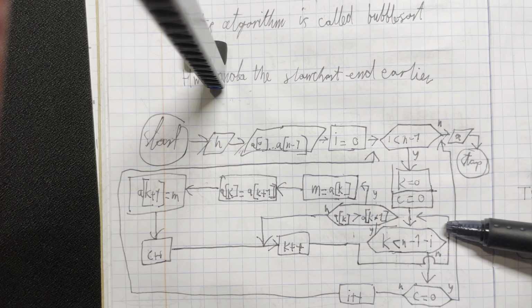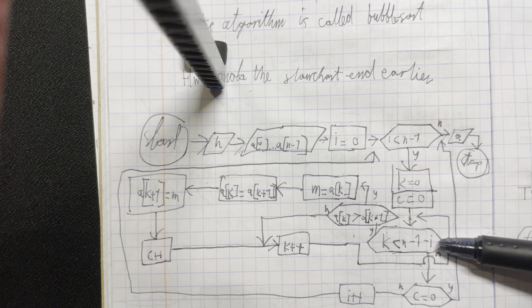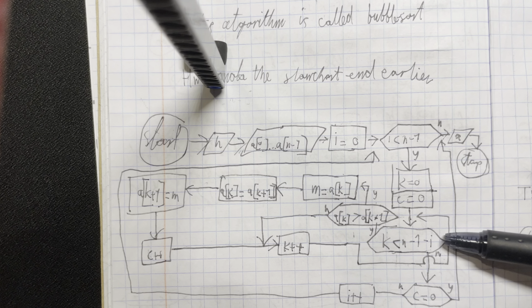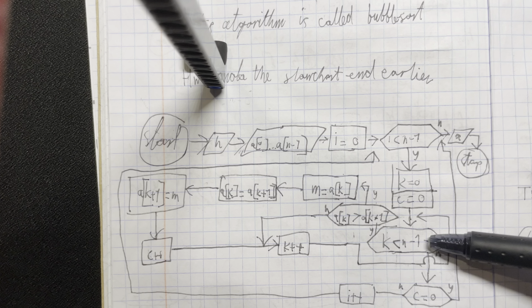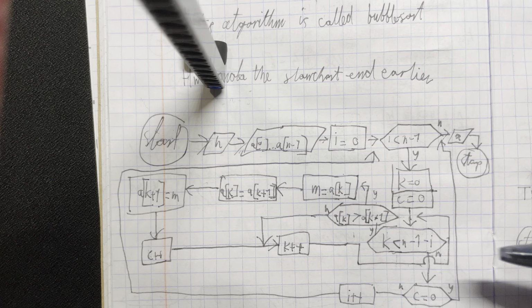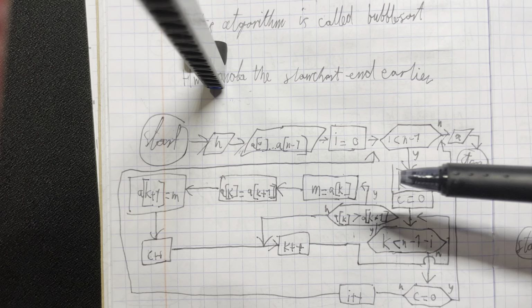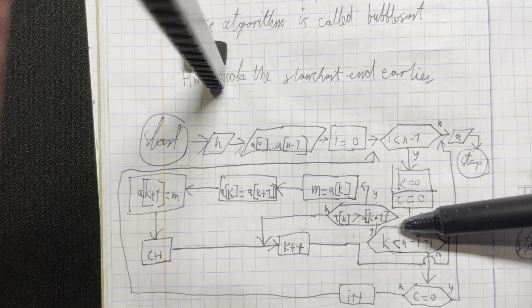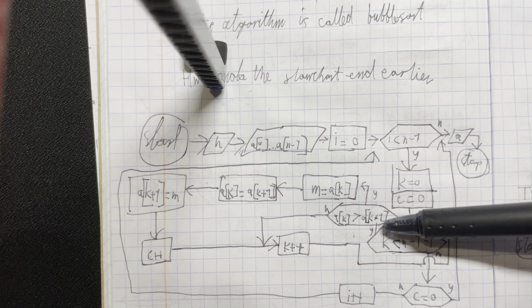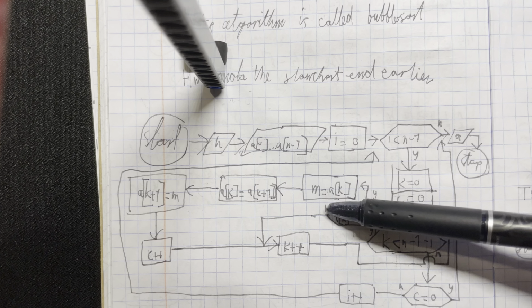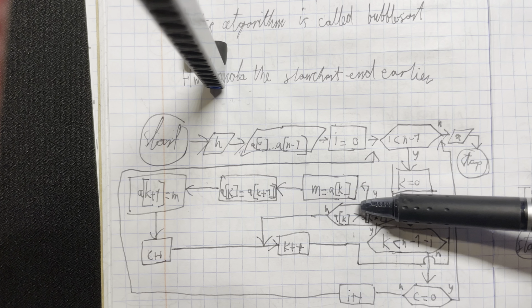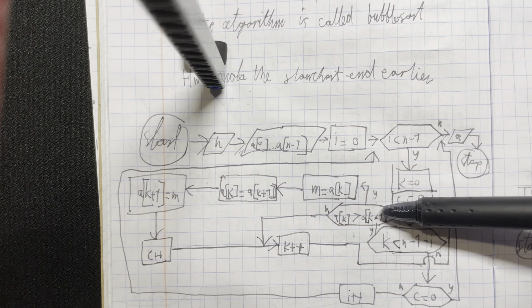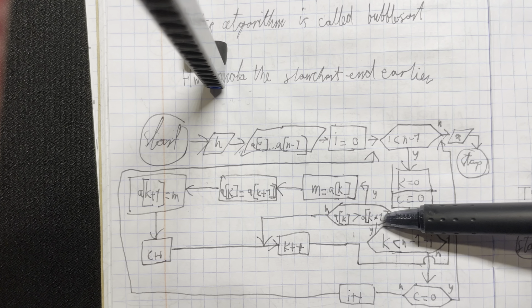We do this because once we're done with one of the digits, we're done sorting it, we just don't need to touch it. So after it's met, this condition, we check if ak is bigger than ak plus 1.